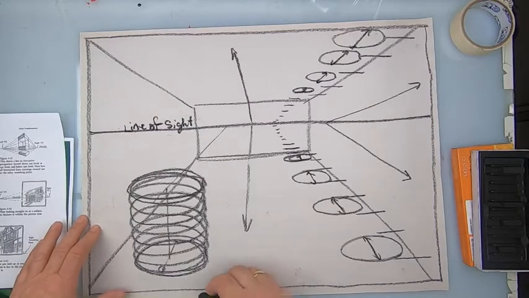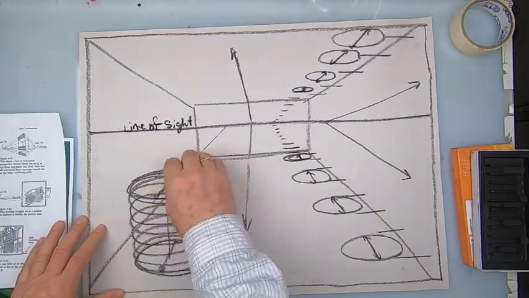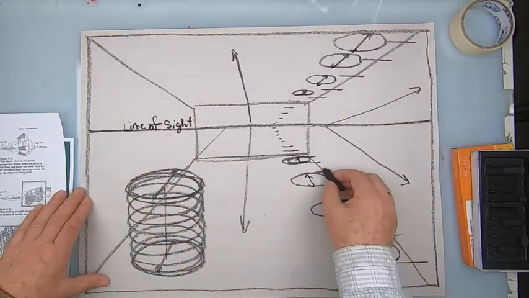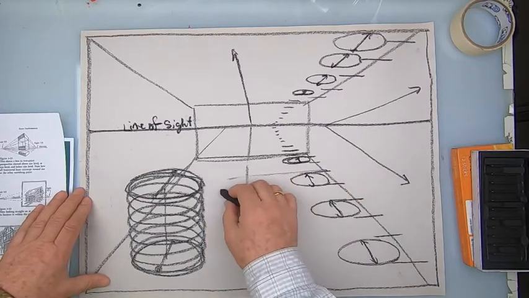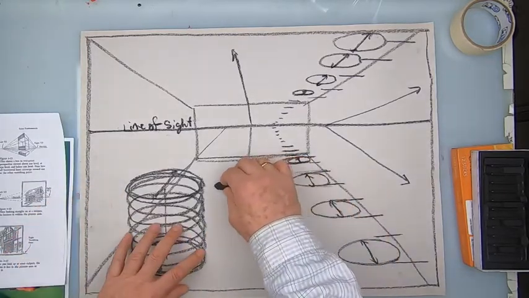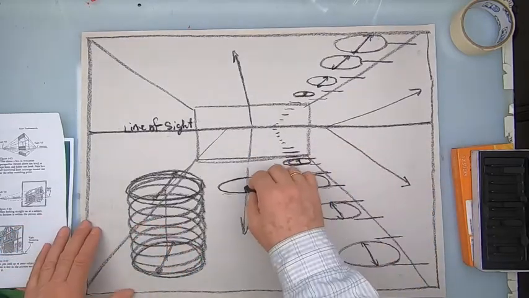And you can see this distance of the footprint, this distance, nice and far apart. Now if we locate another cylinder back here, we're going to flatten out the footprint, right? This distance gets shorter.